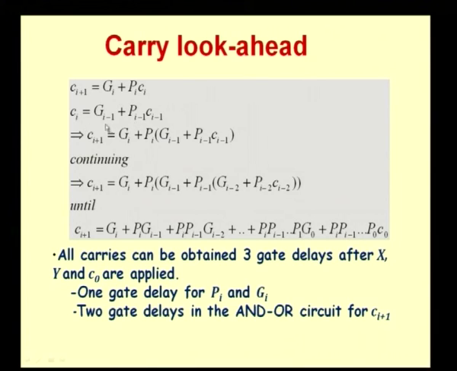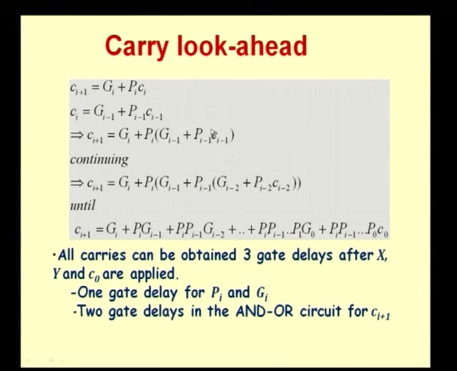Now this Ci value can be substituted into the first equation. So what will I get here? Ci plus 1 equal to Gi plus Pi into, now instead of the Ci I am going to bring in this entire equation here, Gi minus 1 plus Pi minus 1 into Ci minus 1. Okay, so this is what I got. Now look at what we can do further here.